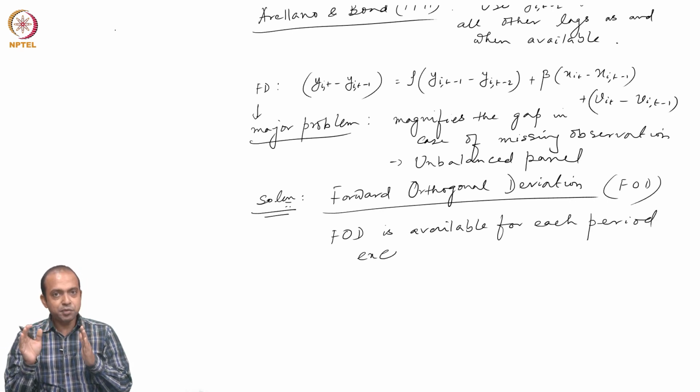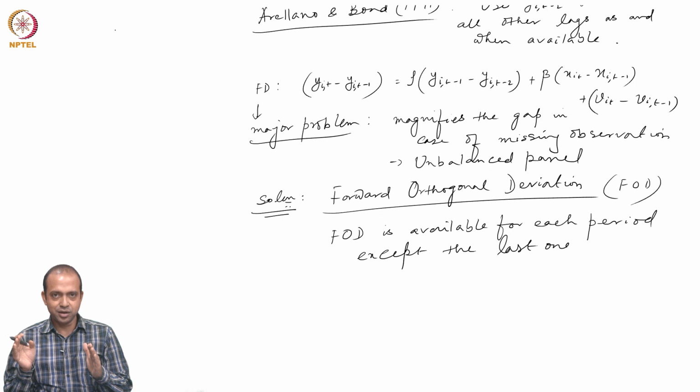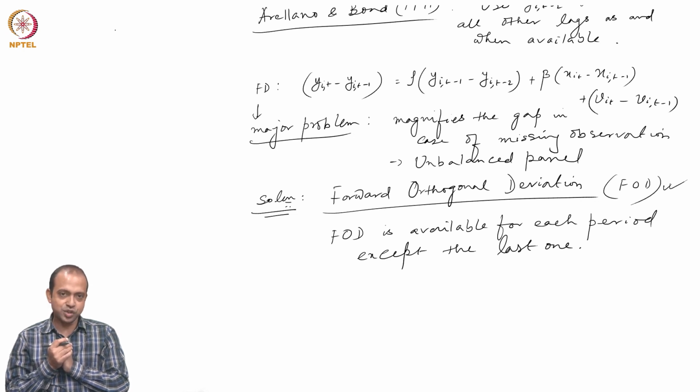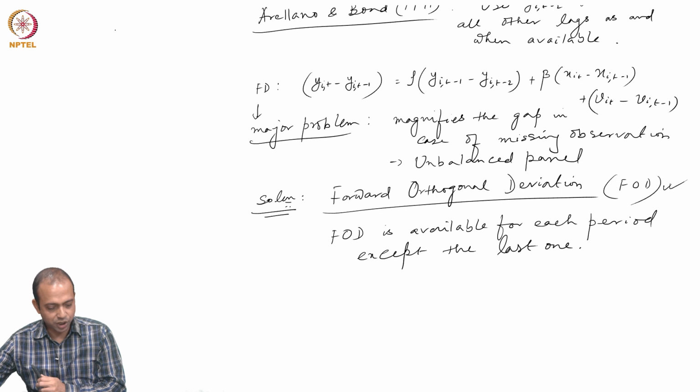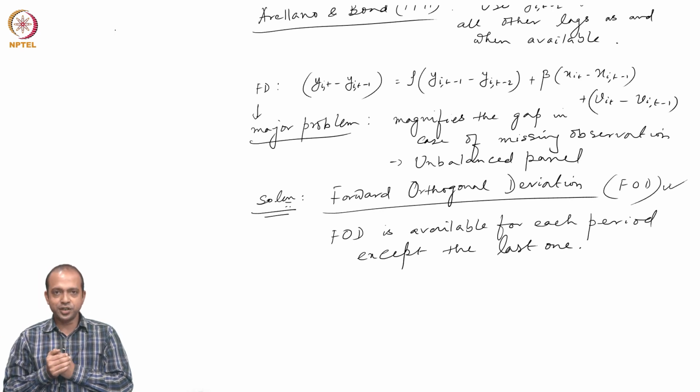So, please keep in mind very carefully that whenever you are dealing with an unbalanced panel, we should not automatically go by the FD transformation. We must use FOD, forward orthogonal deviation, in that situation, and we have already demonstrated how to get the FOD transformation, which is very easy in Stata, using the orthogonal sub-command after your xtabond. So, this we have to keep in mind, that whenever we have an unbalanced panel, we will go by this.